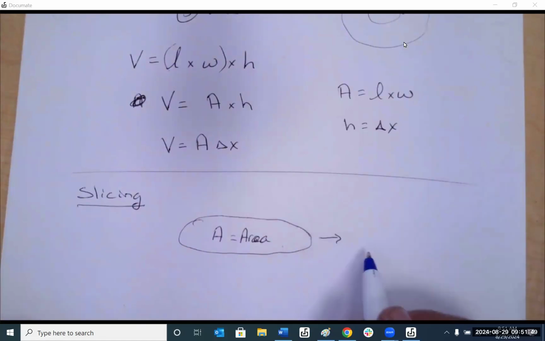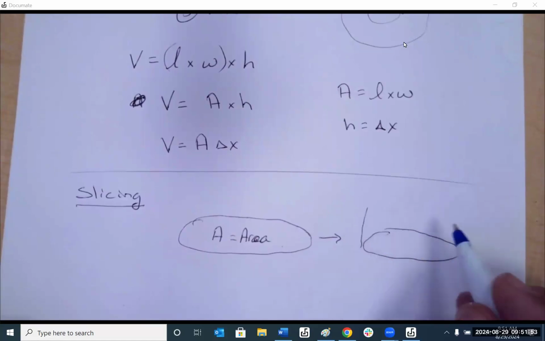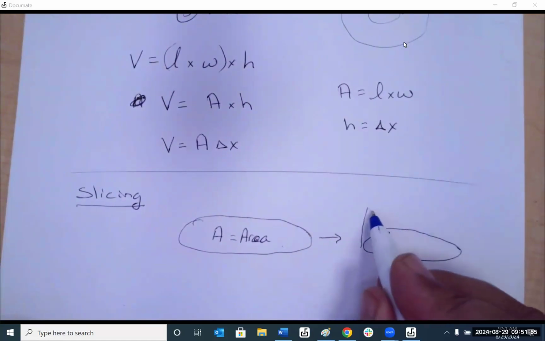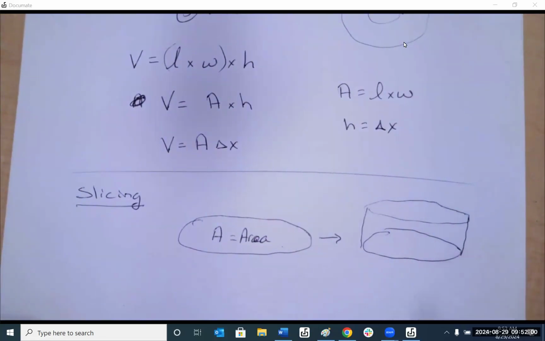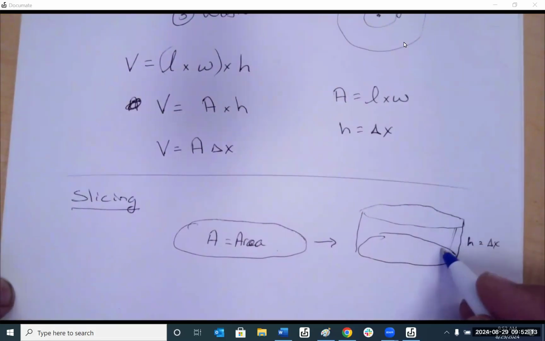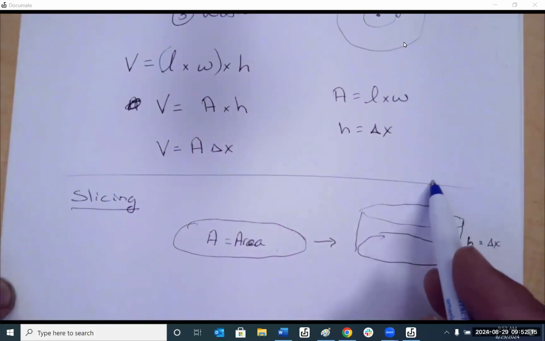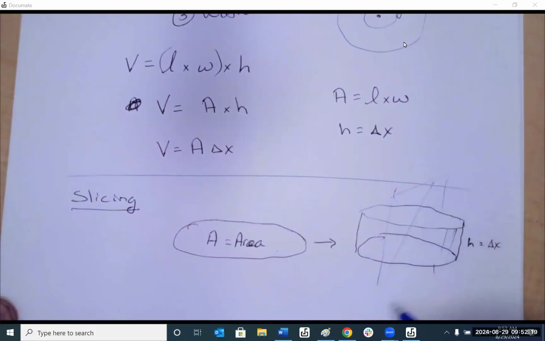But then when we add some height to it, that height is going to be defined by our delta x. And so we're simply going to slice through this object.